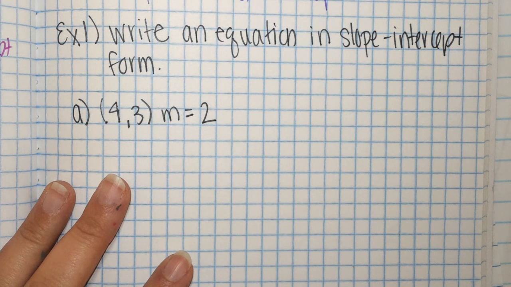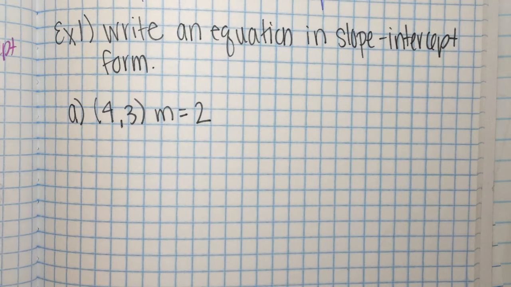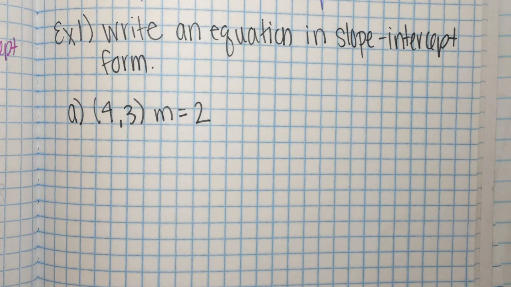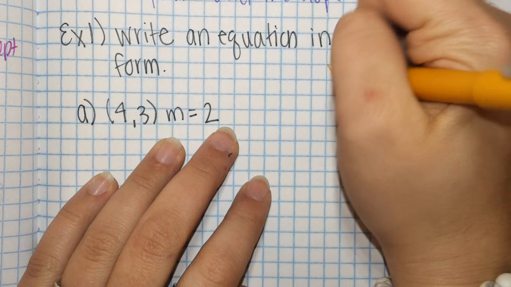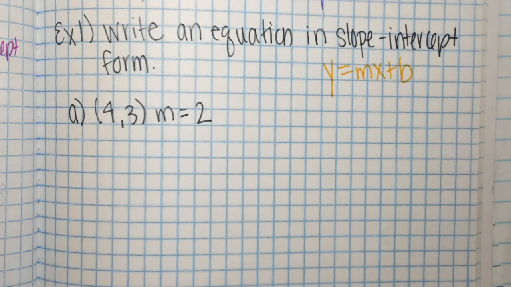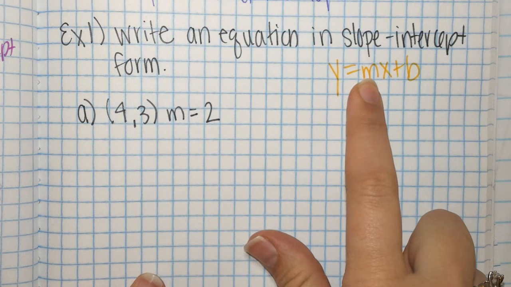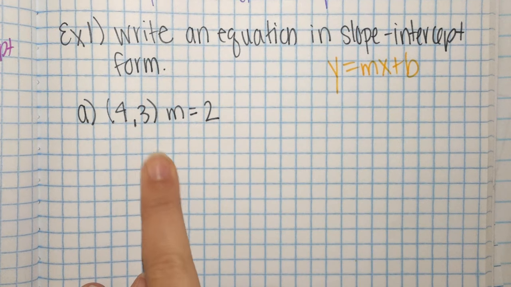Y equals mx plus b. So when I say what is slope-intercept form, I want this.